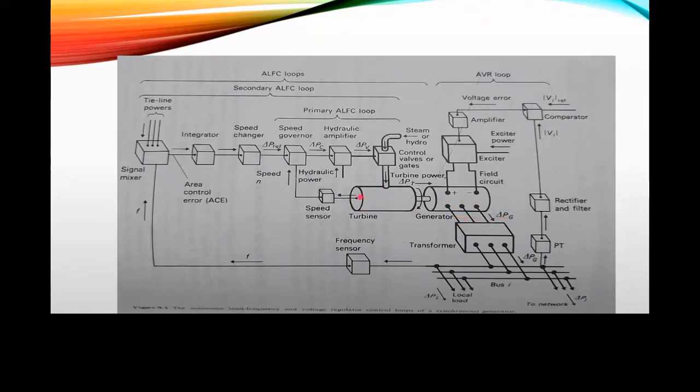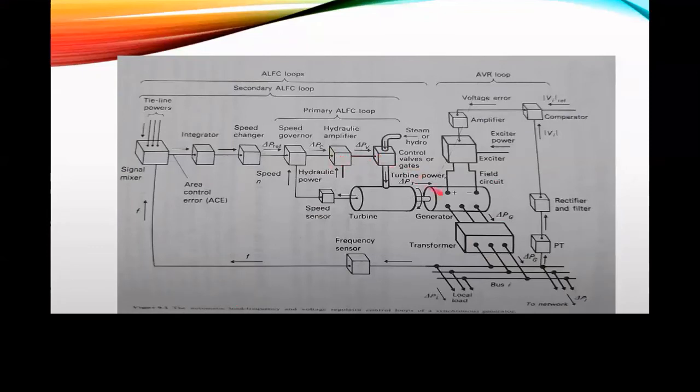In our control mechanism, the turbine speed is sensed using a speed sensor, and that is fed as an input to the speed governor. The speed governor works whenever you find a change in speed. This speed governor cannot directly control the control valve because the steam has high pressure. This high pressure steam could be controlled only by the use of hydraulic amplifiers.